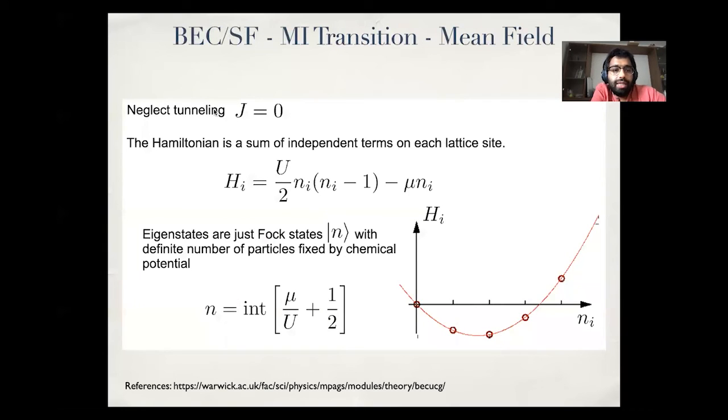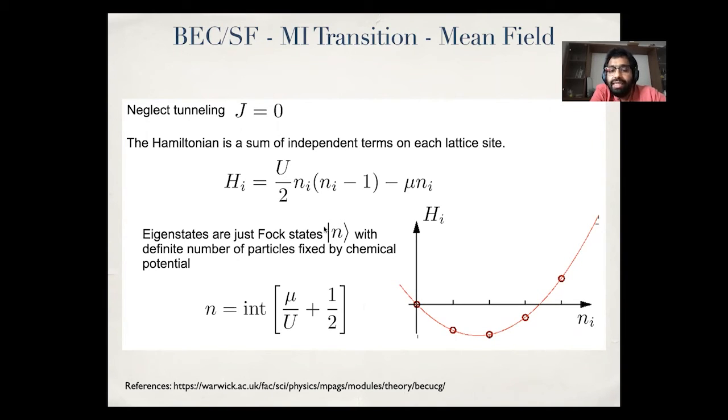Let us look at this extreme case when I make J equal to 0. Then this K becomes a sum of individual independent terms on each lattice site, given precisely by U over 2 n_i (n_i minus 1) minus mu n_i. It becomes immediately clear that the eigenstates are Fock states with a fixed number n on each site.